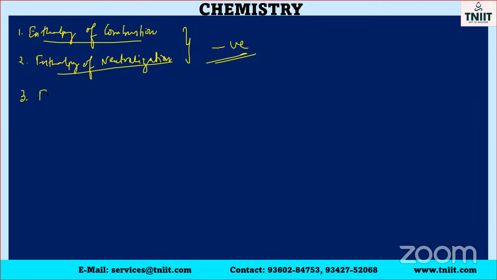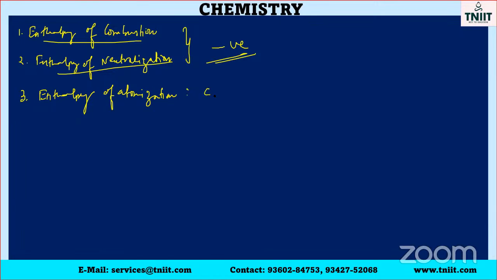Now, enthalpy of atomization. What is this enthalpy of atomization? It is the change in enthalpy on breaking 1 mole of bonds completely to obtain atoms in the gaseous phase.